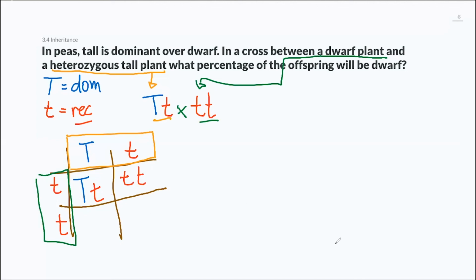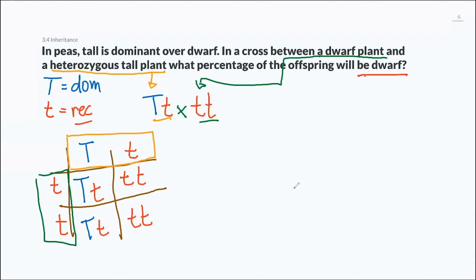The big T with the small t, the big T with the small t, or the other two small recessive alleles. So the question was, what percentage of the offspring will be dwarf?